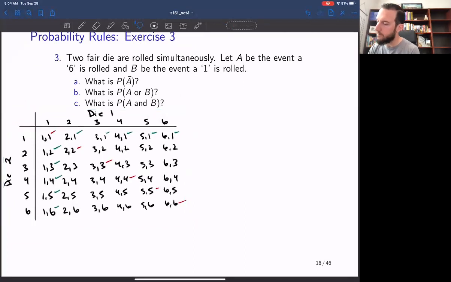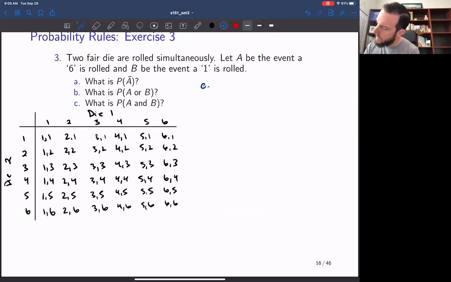So this is our sample space here. We have A is the event a 6 is rolled, and B is the event a 1 is rolled.